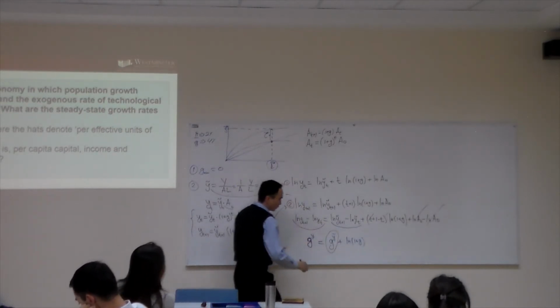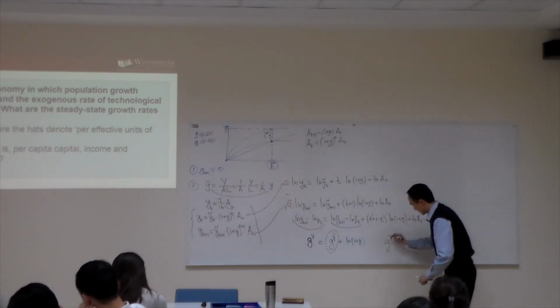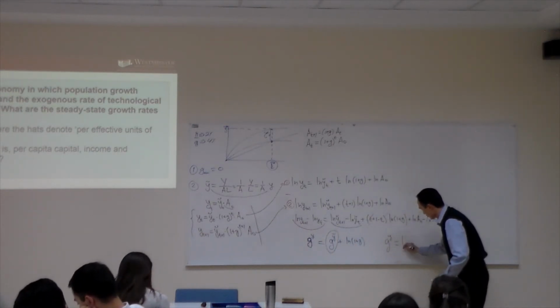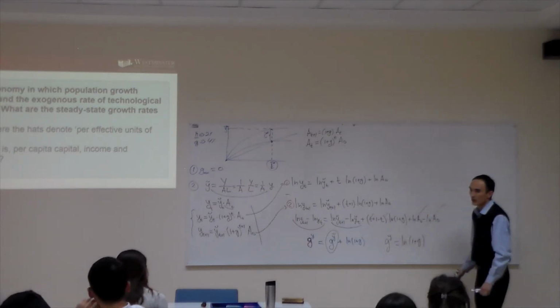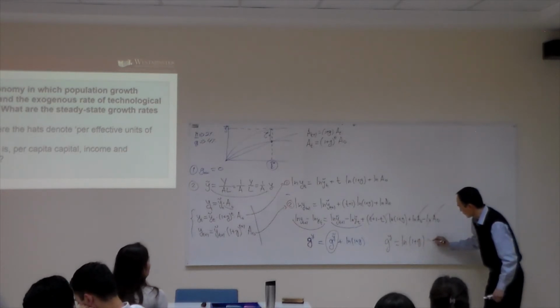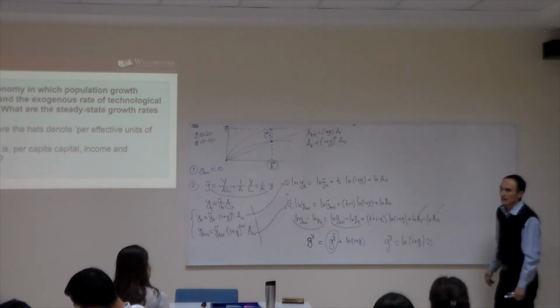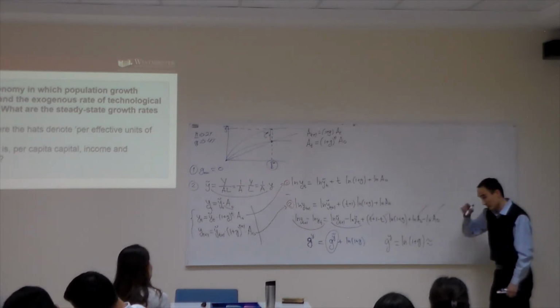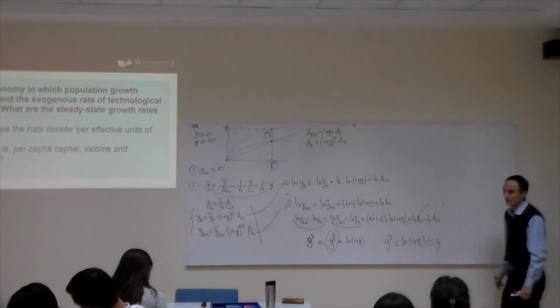Alright? Which is going to give us our growth rate in output per worker is equal to ln(1+g). What is ln(1+g) approximately equal to? As we derived in the first seminar, it's equal to g. Okay?